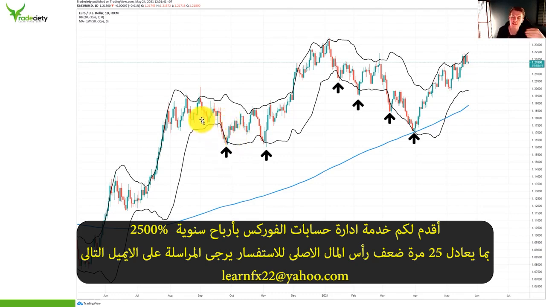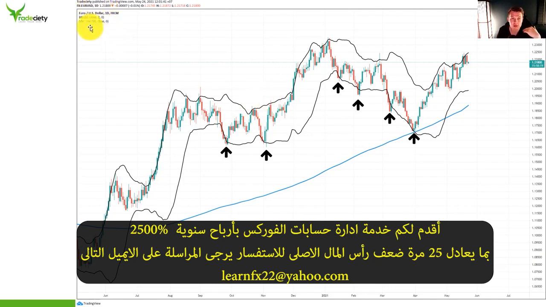I don't want to get into the statistics too much, but the only thing we need to know is that if we are looking at 2 standard deviations, based on statistics, it means that 95% of the price action has to happen within the Bollinger Bands. Only 5% of the price action can happen outside of the Bollinger Bands.